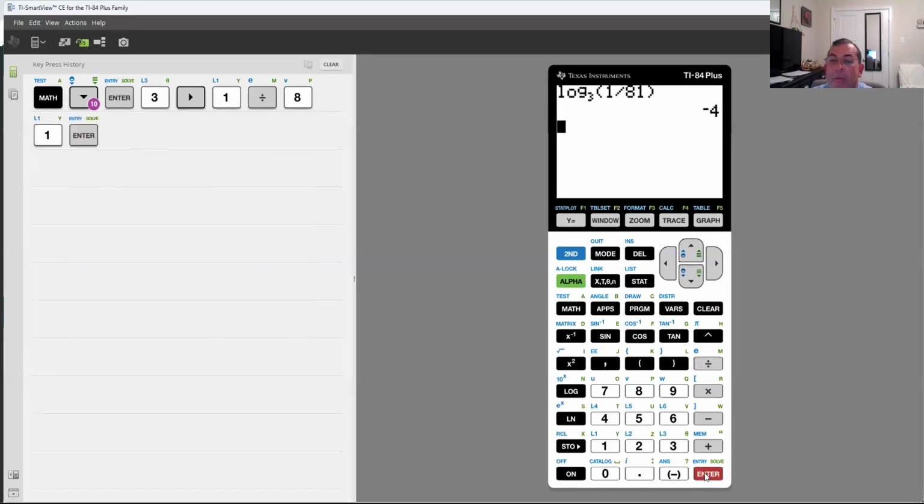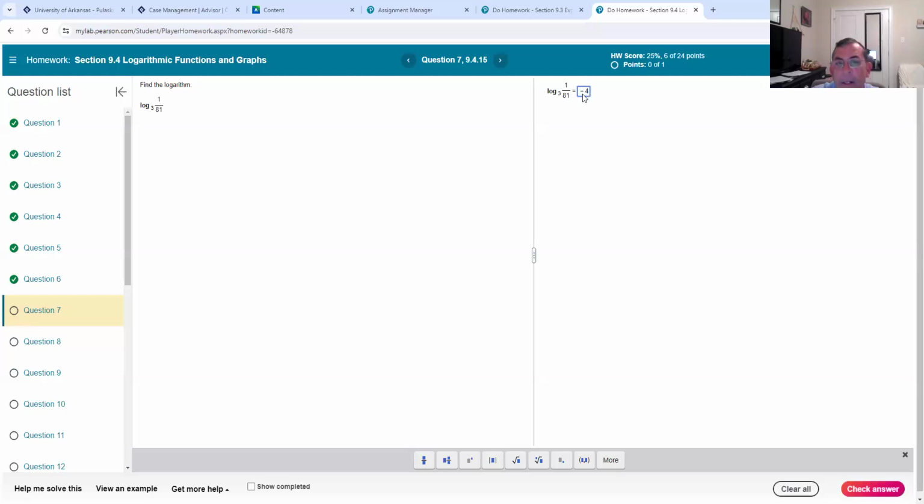All right, y'all, we hit enter, we get a -4. So notice, when you got like 0.01 like I had a while ago, where you got fractions, you're going to end up with negative exponents, okay?